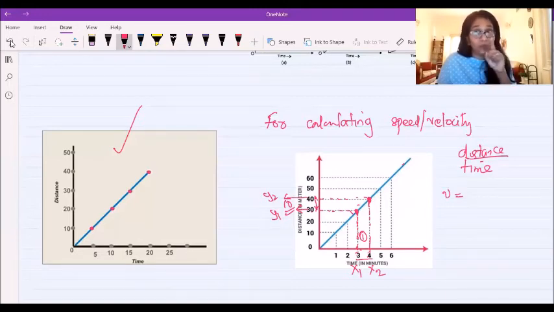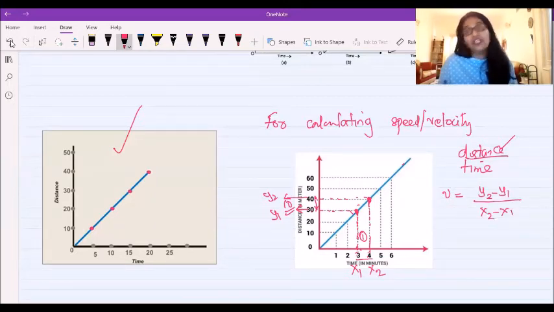Distance is plotted on the y-axis, so y should come in the numerator. So how will I do it? y2 minus y1 divided by x2 minus x1. That will give you velocity.